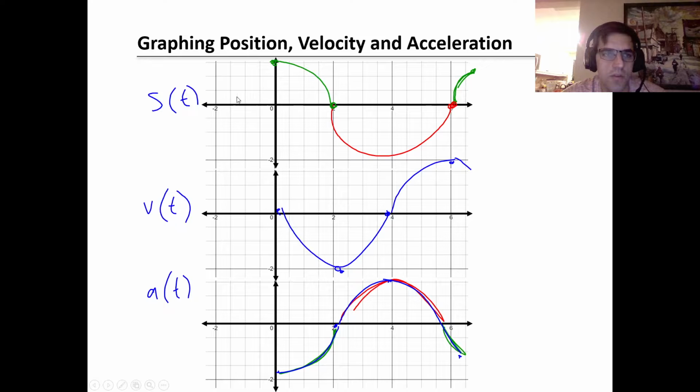Okay, so if we're looking at graphs and the derivatives, or velocities, derivatives, acceleration, anywhere where the tangent line has a zero slope, so it's a flat tangent line on any position graph, its derivative graph would be an intercept. So again, we have a zero slope tangent line, so we have another intercept.